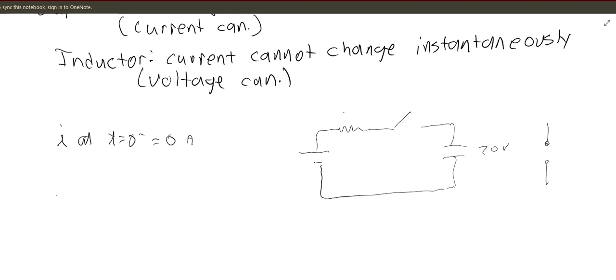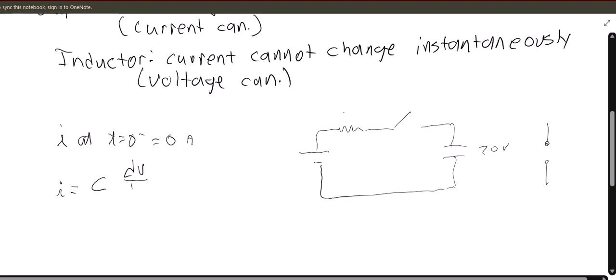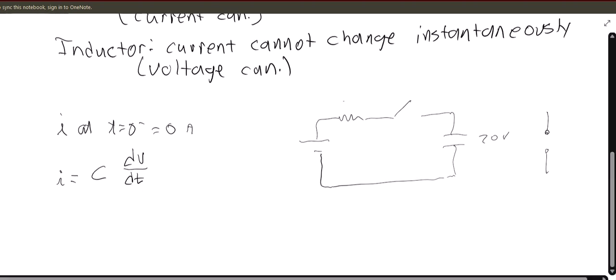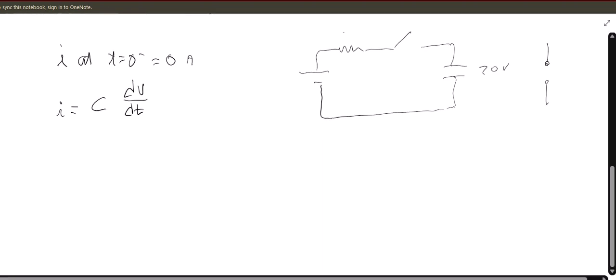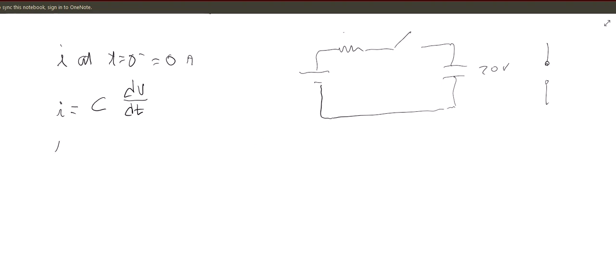Now, we also know that the current for a capacitor is i equals C dv/dt. Once we get to t equals 0, now all of a sudden we have a function for the voltage. So our current equals the capacitance times the time derivative of the voltage.